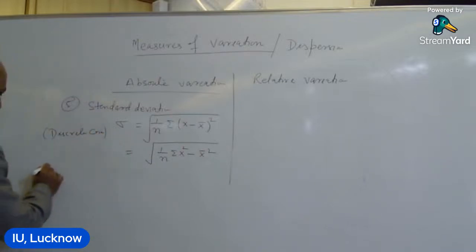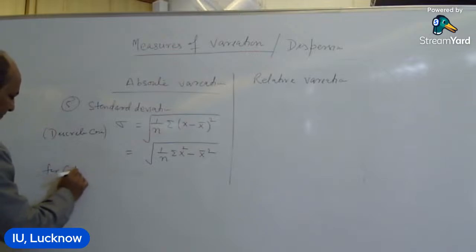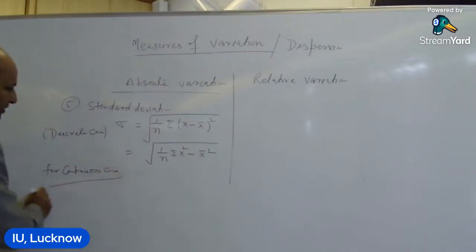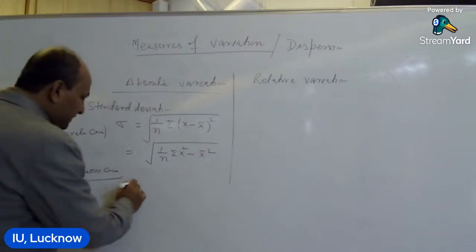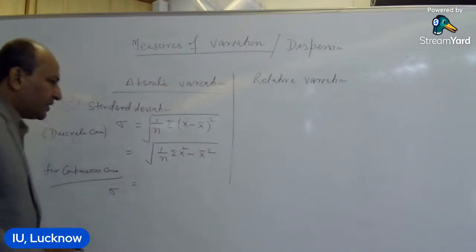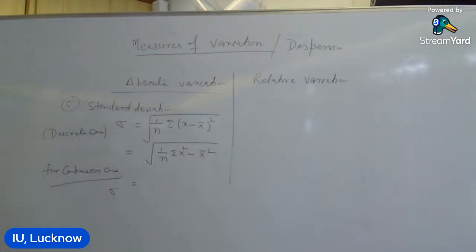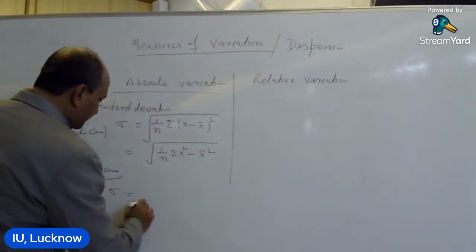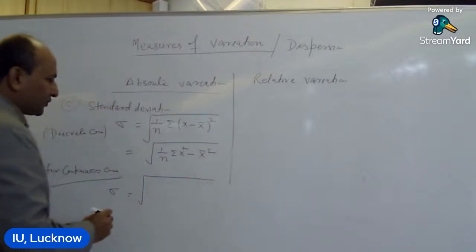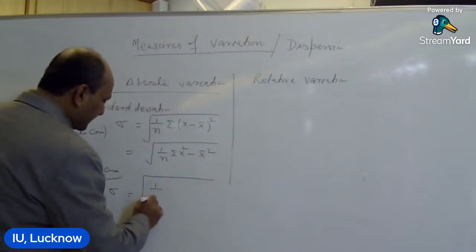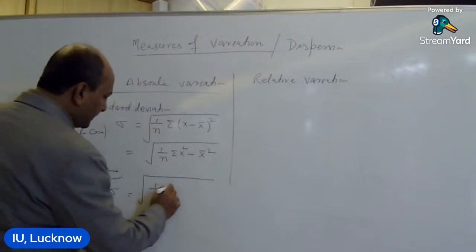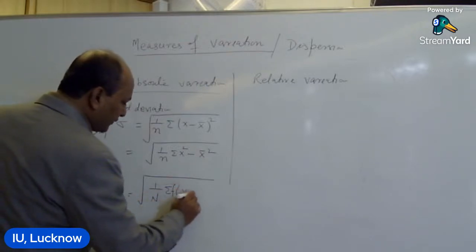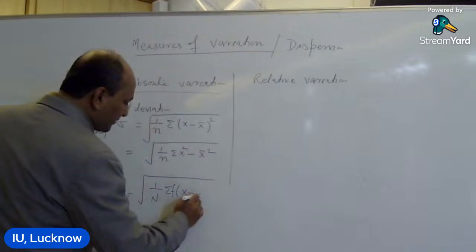Now for the continuous case, that means if the data are classified in frequency form, we will use frequency, and it may be written as the square root of 1 upon capital N summation f into (x minus x bar) whole square.